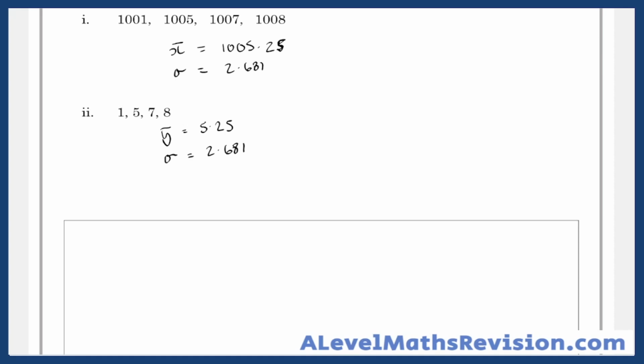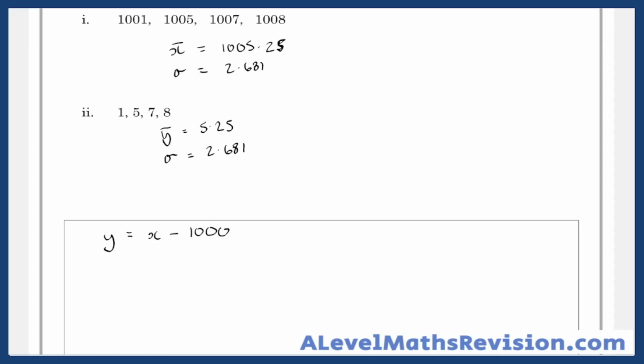We simply took 1000 from each value. So the y values, the values in part 2, were just the x values take 1000. So the linear code we've applied is y equals x take 1000.